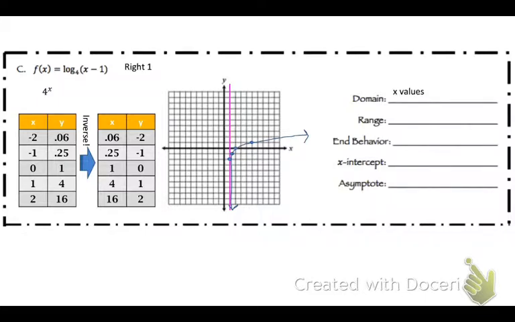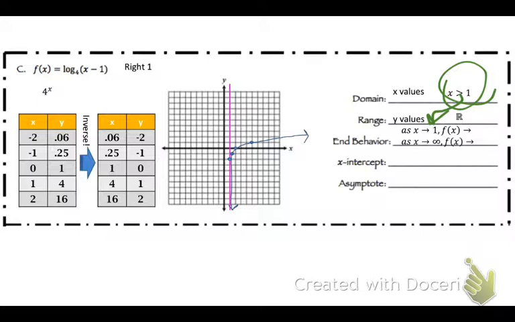Okay, so my domain is my x values. Remember, we're working off the original now, so this is x is greater than 1. Range is the y values, all real numbers. End behavior, as x goes to 1, because this and this are always the same. So that's 1, so then that one's 1.